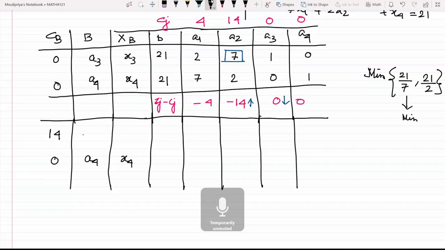Correct. 14 A2 X2. How do we get the remaining elements? The key element is present in the first row. We would calculate divided by the 7, divide by 7. So we have, there will be 3.